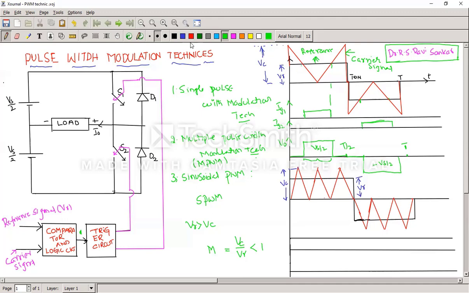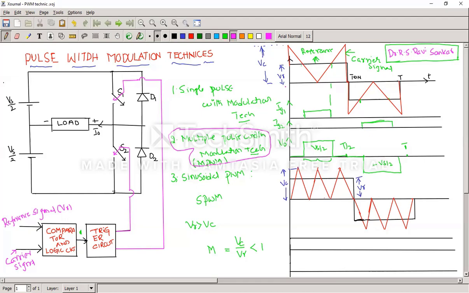In multiple pulse width modulation, in the off cycle, multiple pulses are generated. So how are we going to generate these multiple pulses?